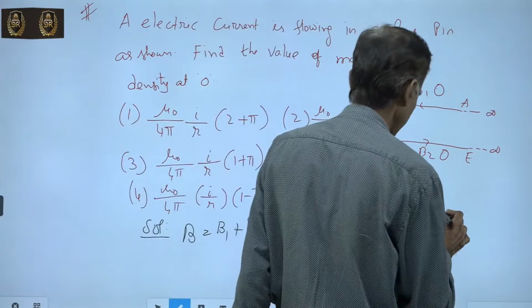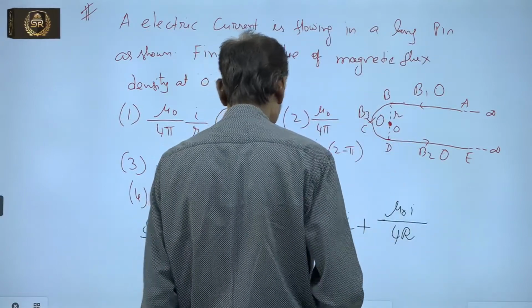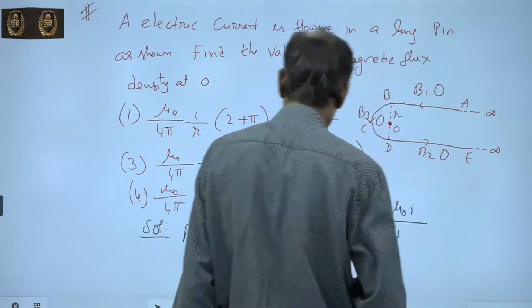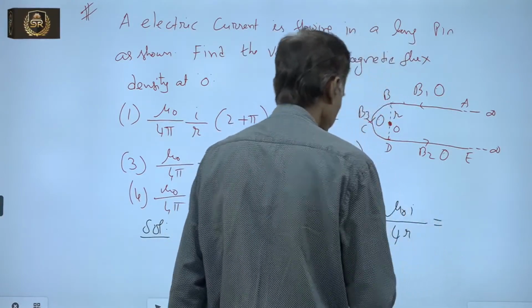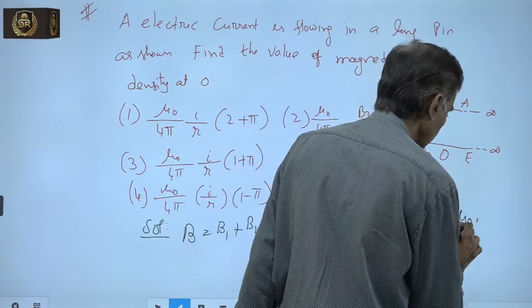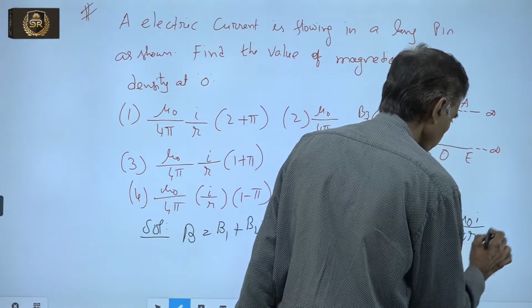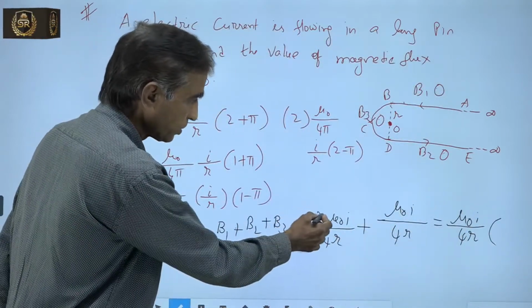So what is our final answer now? Mu naught I by 4R. We have to take smaller R because it is given. Now mu naught I by 4R we can take common. Then what remains? Here 2 remains.